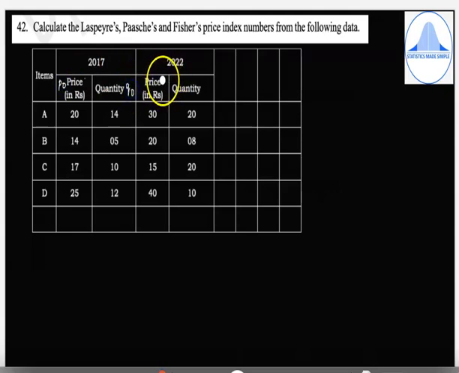The price in the current year is marked as P1 and the quantity in the current year is marked as Q1. Next, we need to form 4 columns in any order. So it is P0, Q0, then P1, Q1, P0, Q1 and P1, Q0.